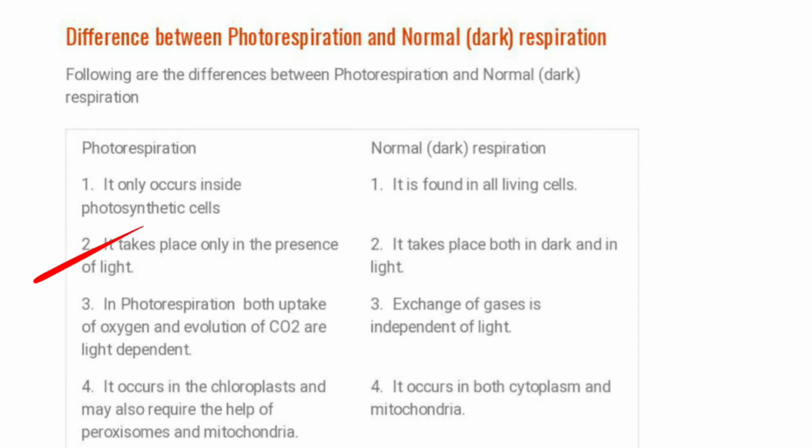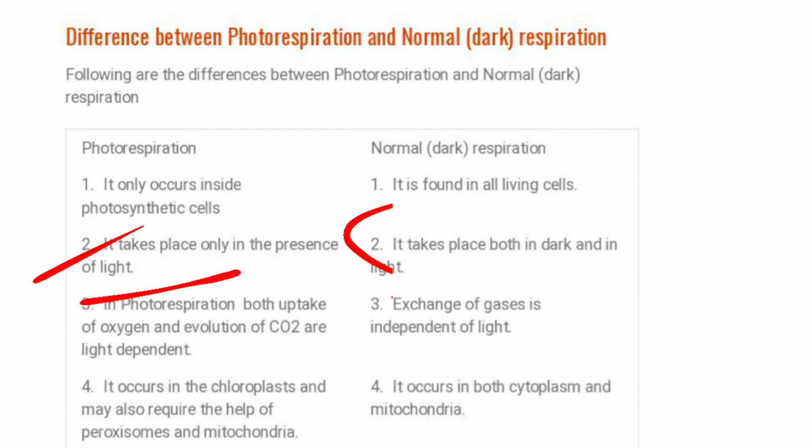Photorespiration takes place only in presence of light, whereas normal respiration or dark respiration takes place both in dark and light. Means light is actually not needed. You should know light is not essential in the process, but it may be in the environment.